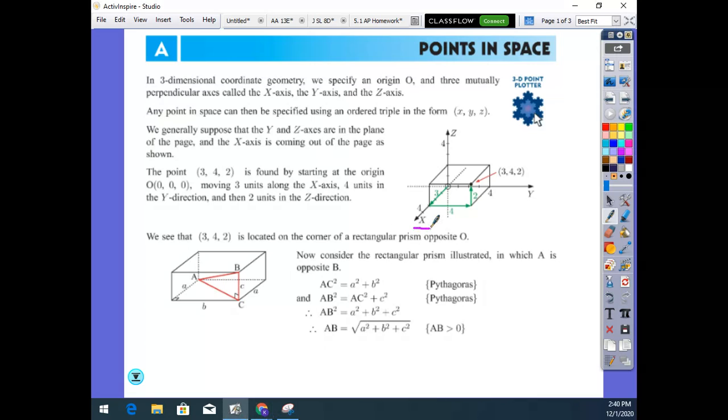notice that they put the X axis coming out at us, the Y goes to the right, and the Z goes up. That's kind of crooked, but if we think about 0, 0, 0 as the origin, the point 3, 4, 2, we go out 3 on the X, and over 4 parallel to the Y, up 2.